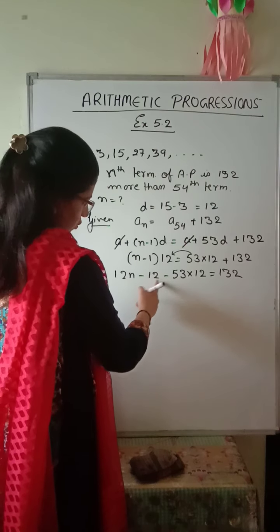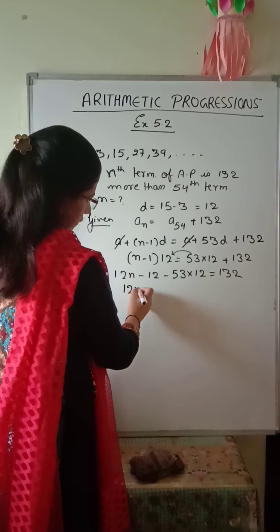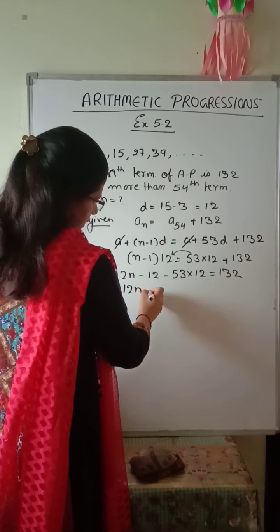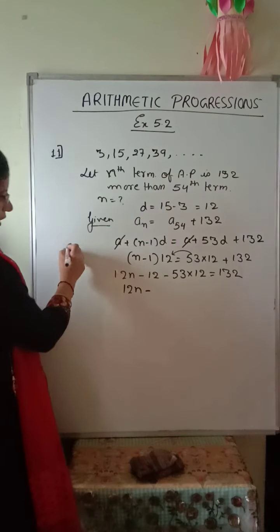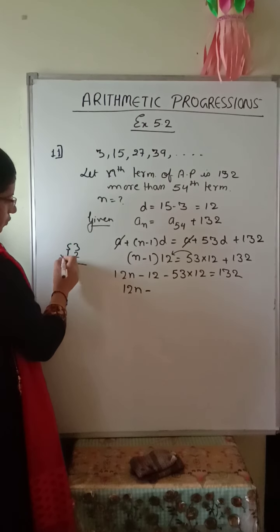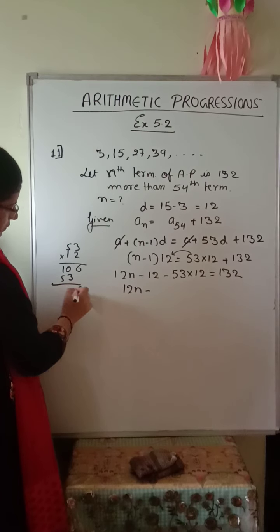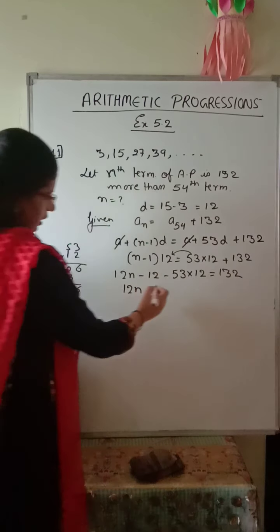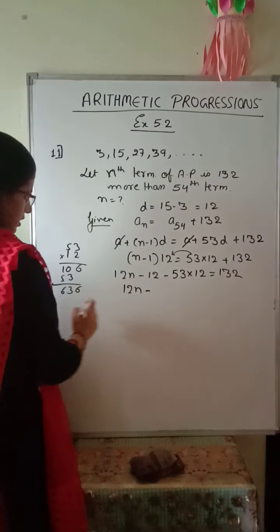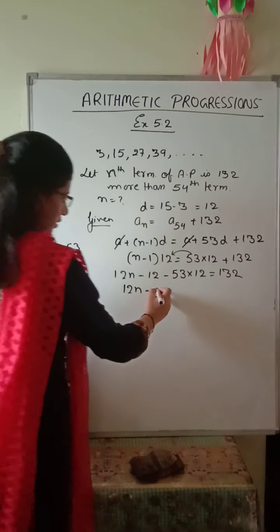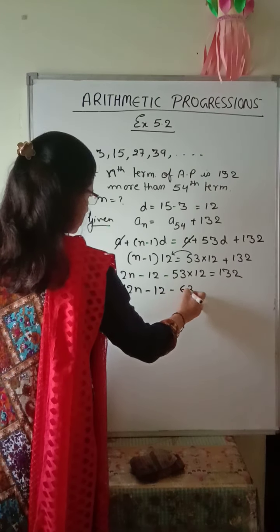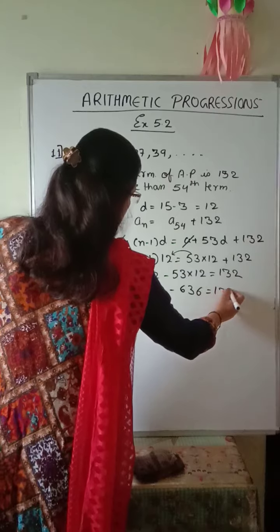Okay, so let us solve these two first. 12n minus 53 into 12. So we will multiply 53 into 12. 3 twos are 6, 5 twos are 10, 1 three is 3, 1 five is 5, so 636. Okay. So minus 12 minus 636 equals 132.